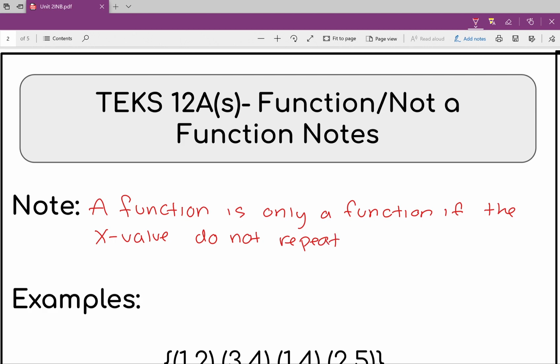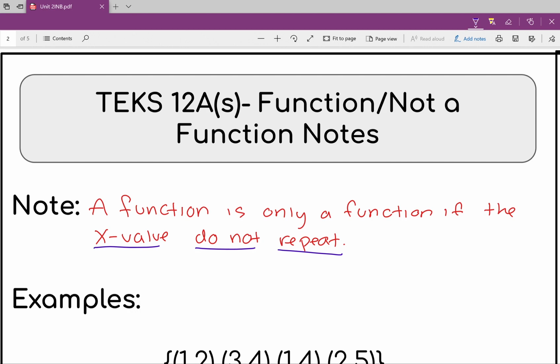So this is very important. I'm going to go ahead and underline it in a different color. X values do not repeat. So a function is only a function if the x values do not repeat.